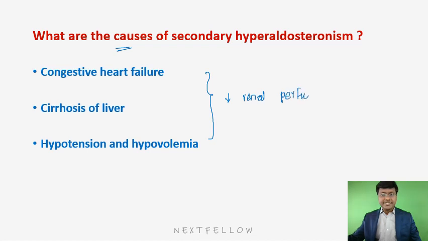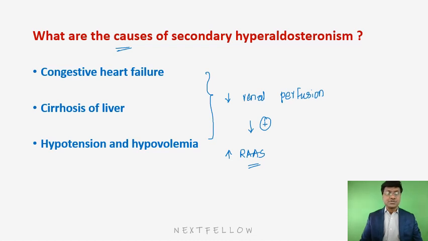Because of decreased renal perfusion, there will be excessive renin, and that will cause excessive activation of RAS, which stands for renin-angiotensin aldosterone system. More and more activation of this system means more and more aldosterone is produced. So the causes of secondary hyperaldosteronism are congestive heart failure, cirrhosis of liver, hypotension, and hypovolemia.